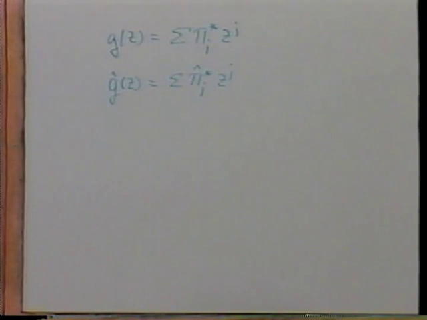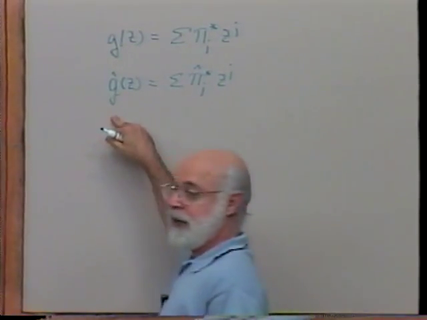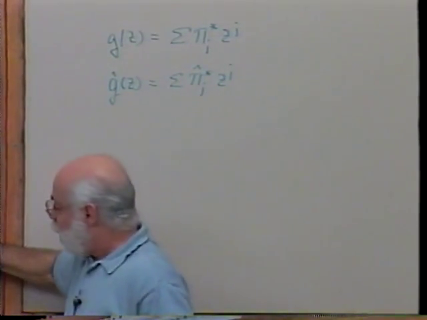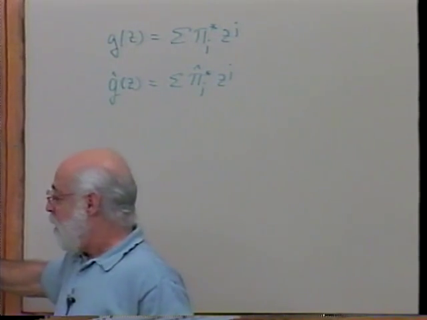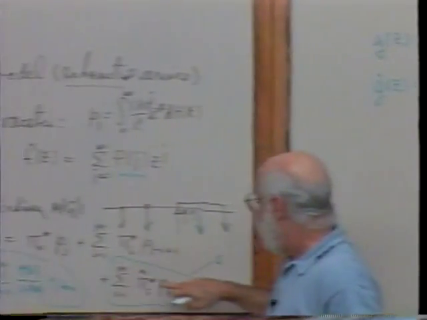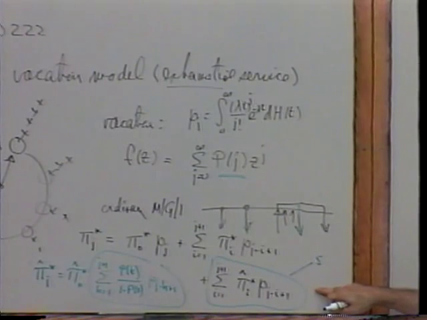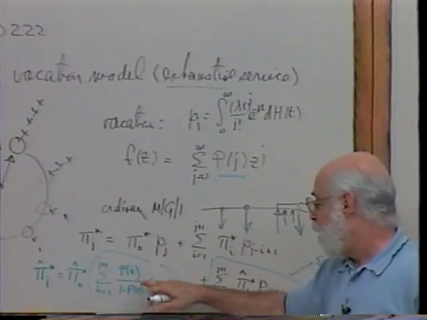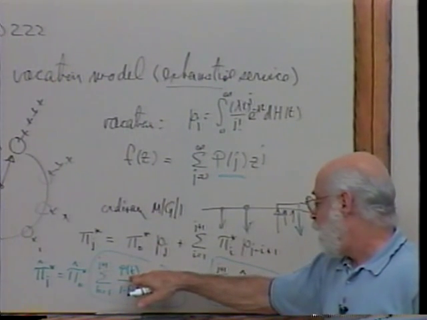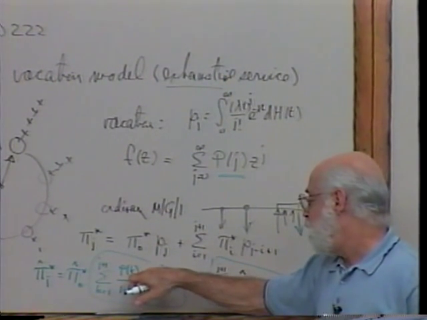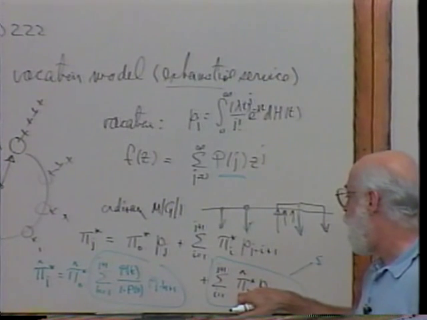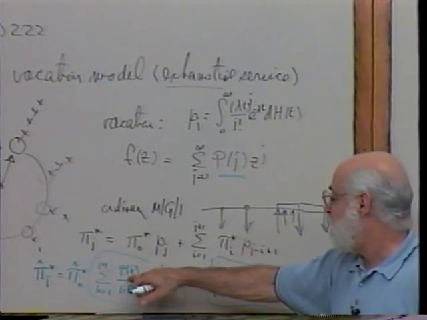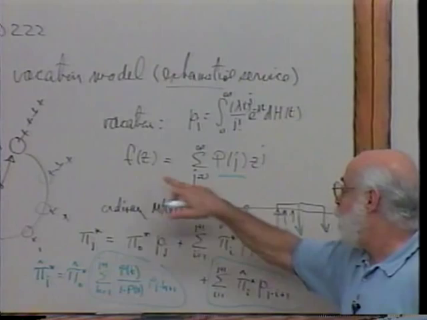You multiply through by Z to the J and you sum, except that now the generating function you're looking for is the one with a hat. And so this term will be the same as this term. This term will be different from this, but it'll be the same as this, except that it'll have this constant, which you can factor out, irrelevant. And what you have over here is, instead of the generating function of the pi star hats, you have here the generating function of the pKs, which is in fact F.